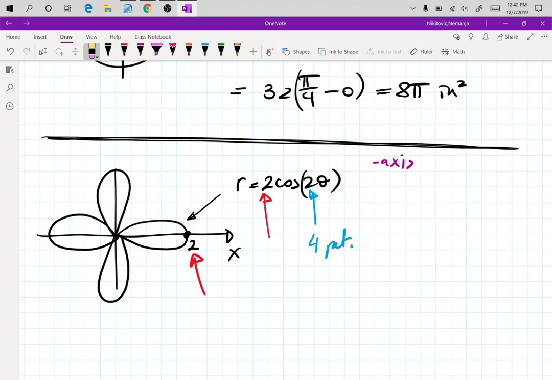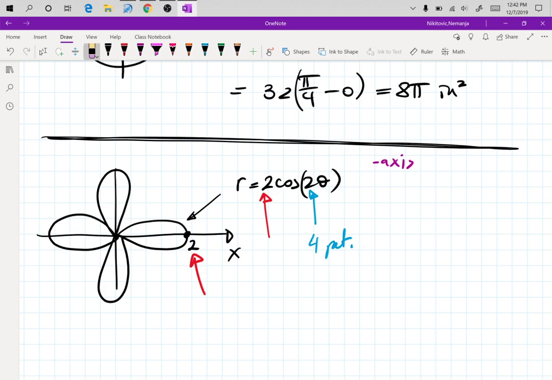Now, the biggest issue we have here are these limits, alpha and beta, and you have to find them when you set two equations equal to each other. This time you are solving trigonometric equations, instead of what you had earlier with x squared and so on.